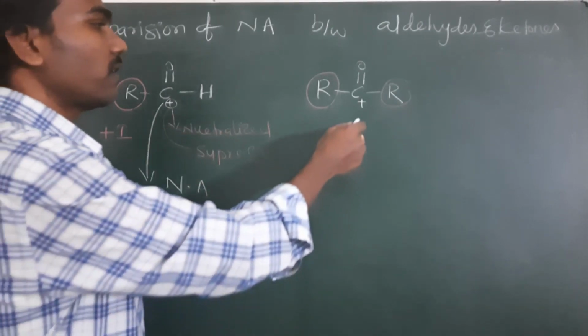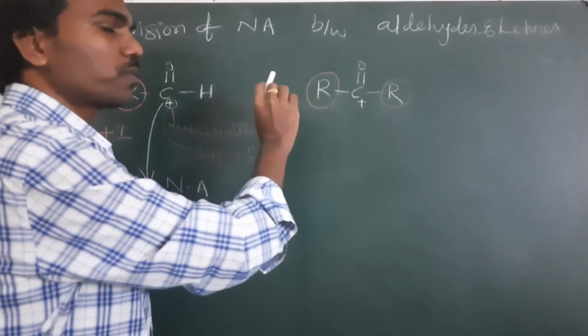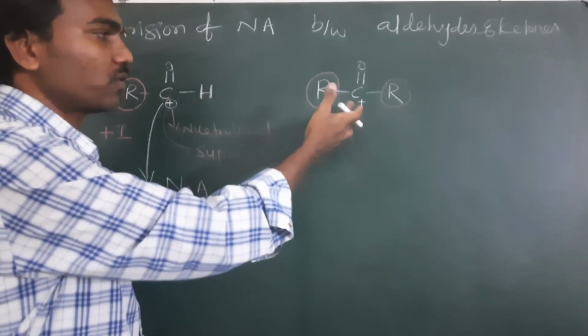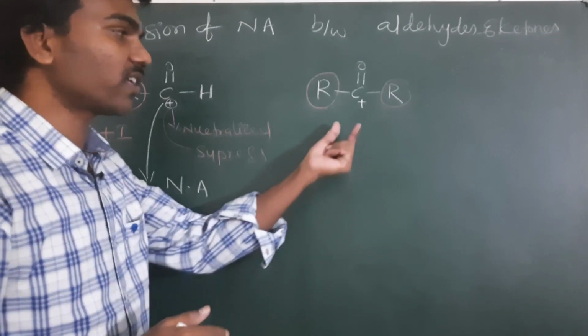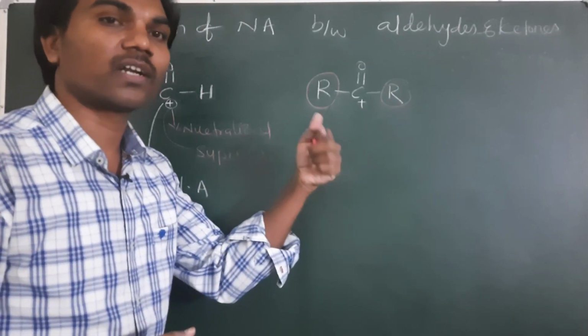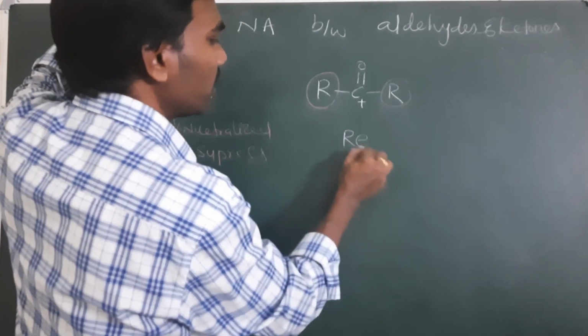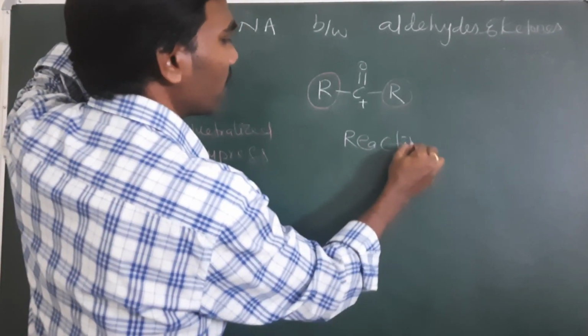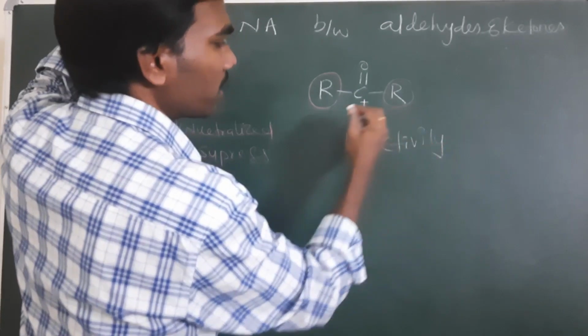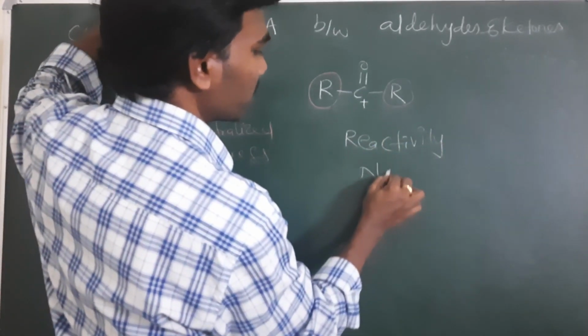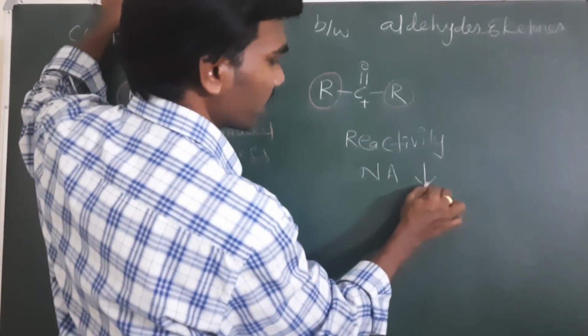So when these two alkyl groups are continuously supplying electrons to this carbocation, the electron deficiency will be less. When electron deficiency is less, obviously its reactivity towards nucleophilic addition also will decrease.